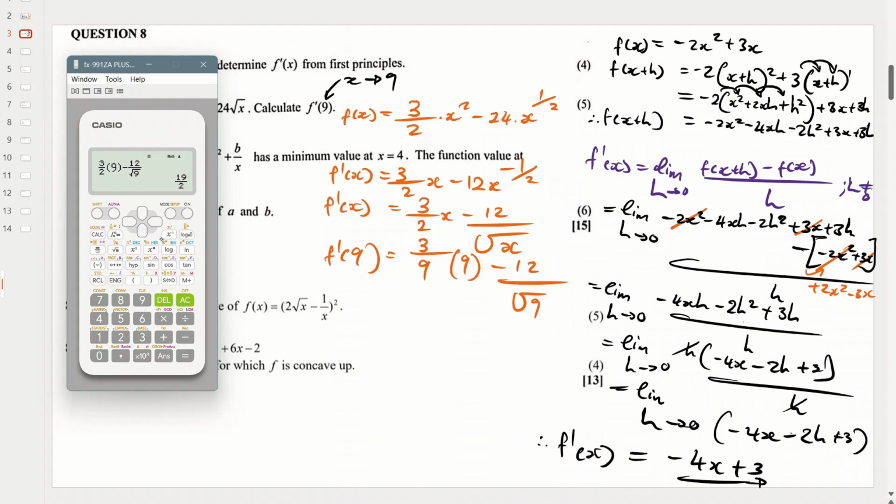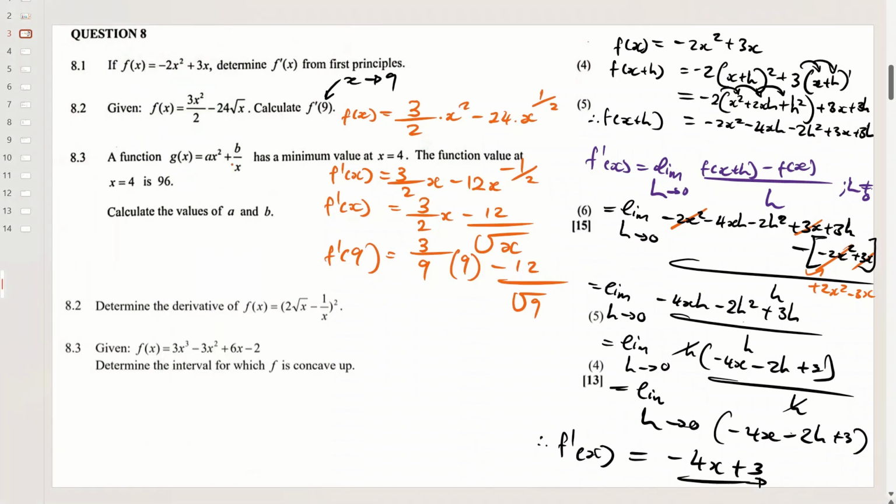The gradient is 19 all over 2, right? 19 all over 2. So now f prime at 9 is 19 over 2. Is it 19 over 2? Yeah. So now let me confirm if this is correct.